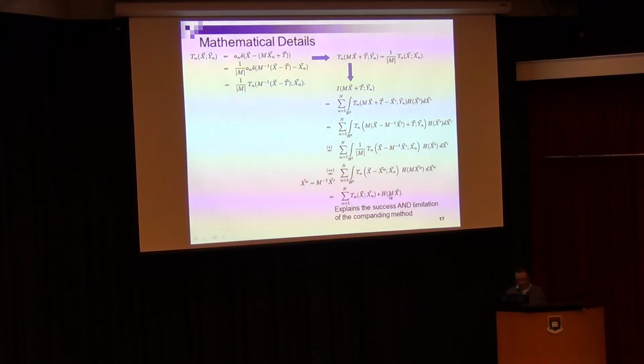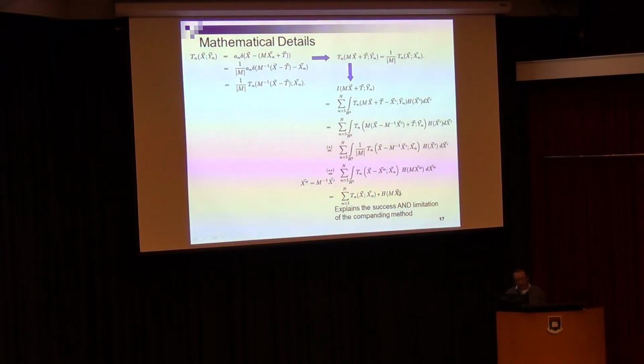So if this M is the identity matrix, that will be the original image. But if M is not the identity matrix, then the image will change. And actually, when we got this, we were very excited because this exactly explains why the compounding method works when you have translation, when you have axial rotation, and even when you have small deformation, because this M is close enough to the identity matrix.